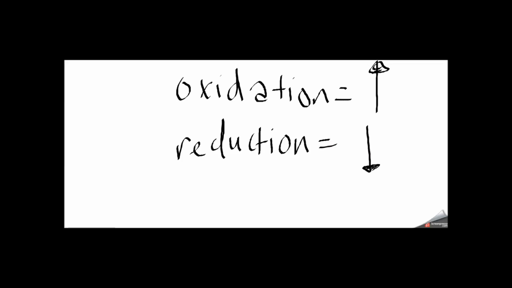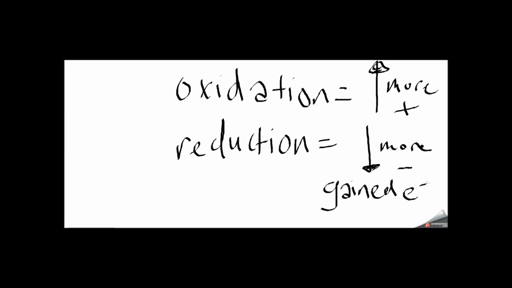So reduction means down in charge, so that means it's more negative. Oxidation means it's more positive. So if something's more negative, that means that it gained an electron. And if it's more positive, then it lost an electron to another atom.